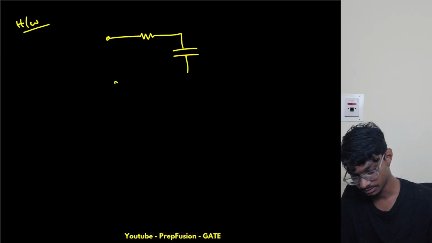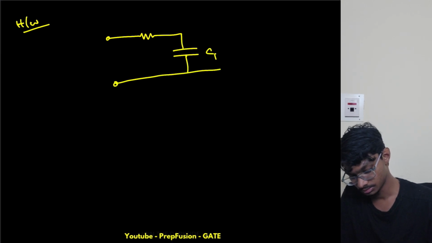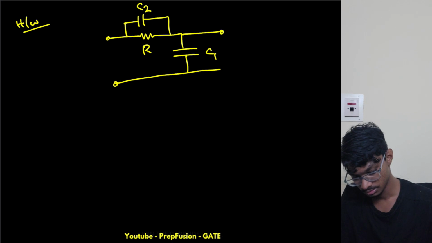Firstly, you will tell me the order of the circuit. This is C1, C2, this is R, and this is plus minus V of s.